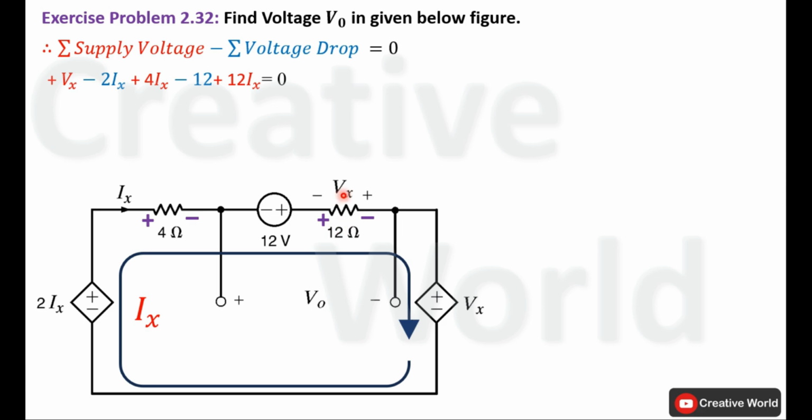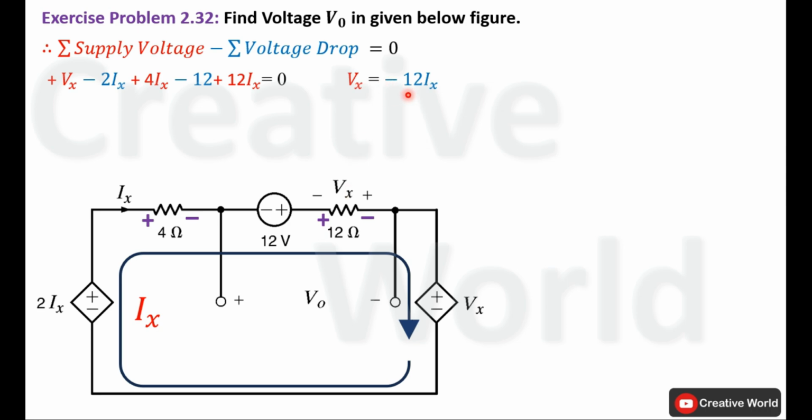So the value of Vx is equal to the voltage across this resistance but opposite in polarity. So we can say that Vx will be equal to minus 12 Ix. Voltage across this 12 ohm resistance is 12 Ix, and because Vx is opposite to the voltage of this resistance, that's why minus is taken along with it.